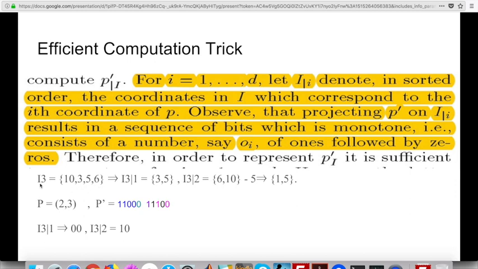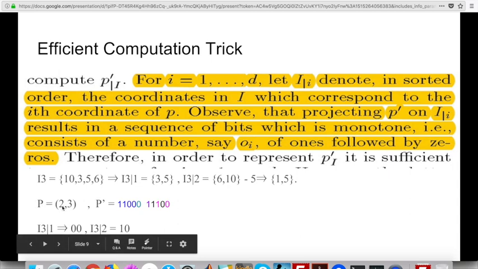Remember, this is our third hashing function, original one. This is I3,1, 3 and 5, and this is I3,2, which will become 1 and 5. Now this is B in the original space, 2 and 3. It's a two-dimensional space. This is a mapping of B into B dash, which is 1 1 followed by zeros, and then 3 ones followed by 2 zeros. If you try to compute the projection of B dash on I3,1, you will find that it is 2 zeros.